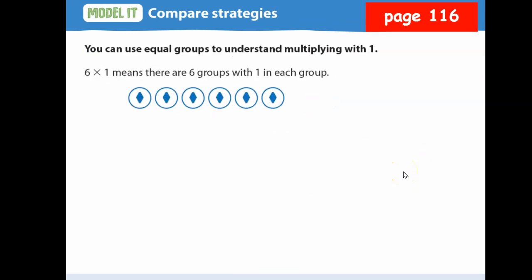And it says to go back to 116. It says to add another group of 1, right? Yes? Another group of 1. Now, what's the multiplication equation? 7 times 1. That's right.